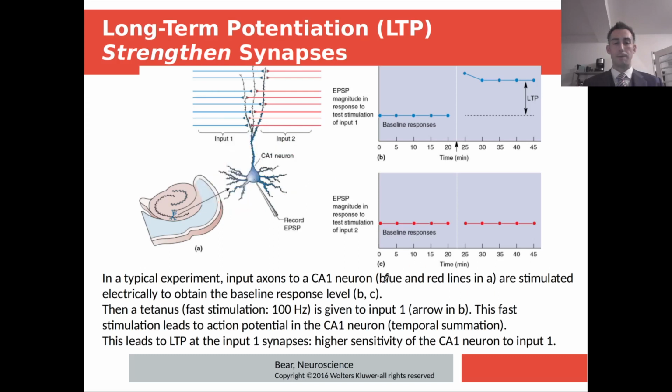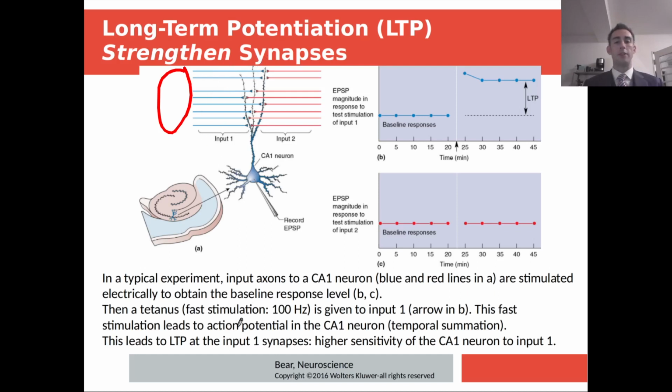So we're going to keep stimulating these with electricity to make this CA1 cell activated. And then we give a tetanic stimulation, basically a very, very high activation, to input 1, which is the blue subset of synapses over here.